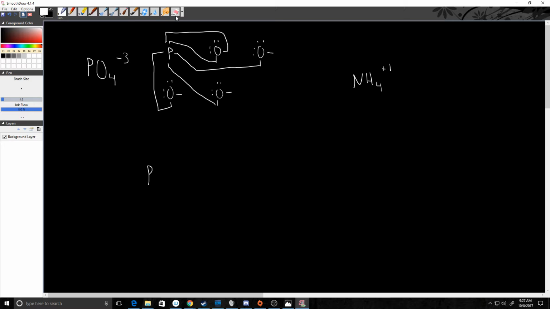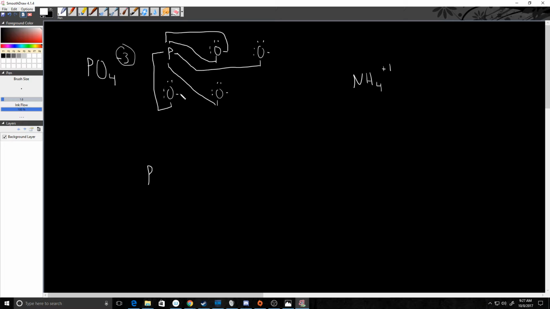So one of the things I can do, rather than having these unpaired electrons form bonds, what if we just took, from the formula, I know there's 3 electrons here I can give somewhere to make this thing happy.